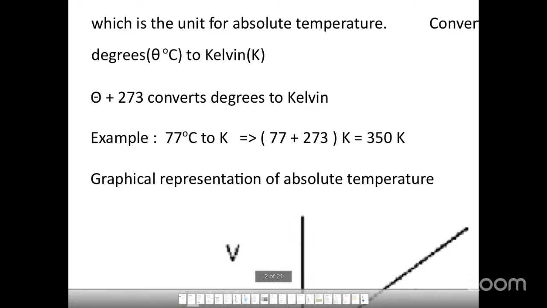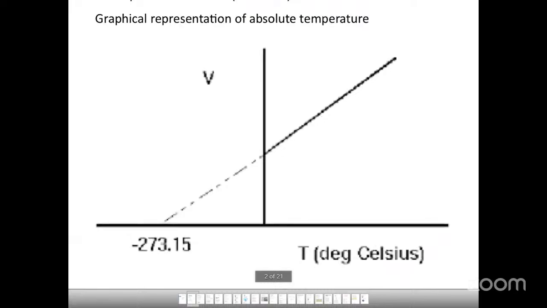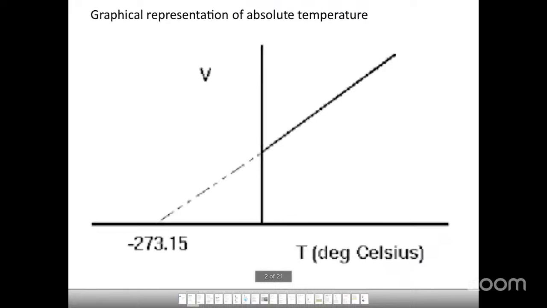All right. So what's the purpose? Where did that scale come from? All right. Look at this graph. This graph shows you how volume and temperature behave, right? So I want to explain where this Kelvin scale came from. So here's what they were able to do.